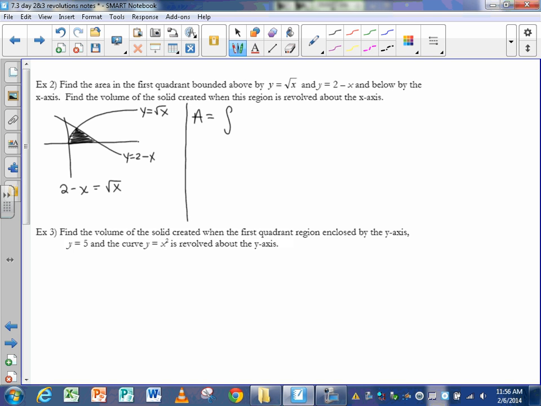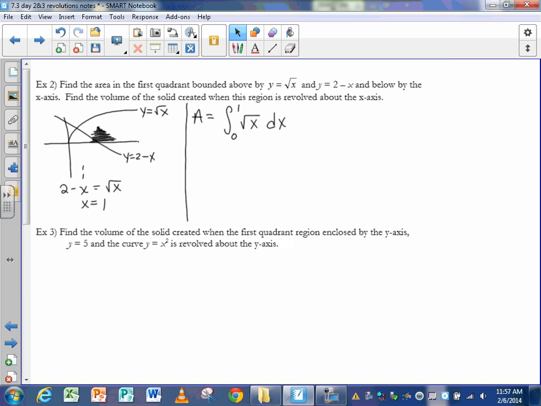So if I want to figure out where 2 minus x equals radical x, we should end up with, just making sure I get the same thing you do, x equals 1. So at x equals 1, I'm going to have the integral from 0 to 1 of root x dx. That's going to be the area of this one piece.